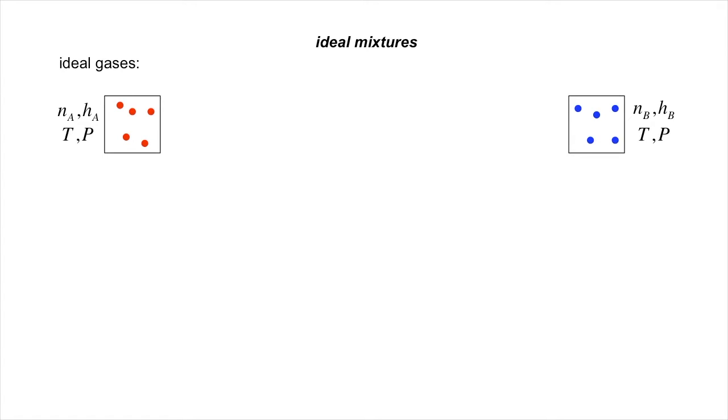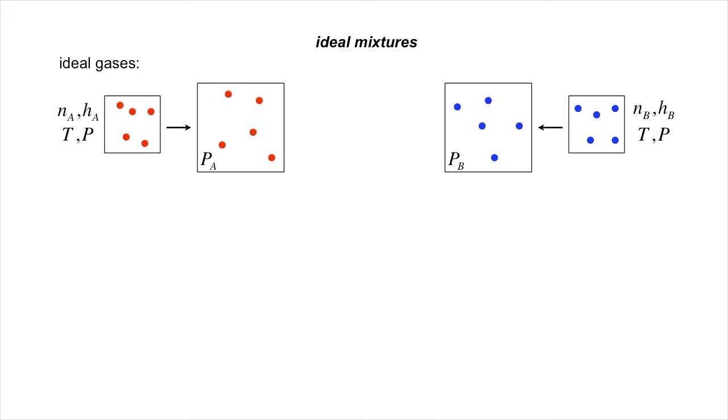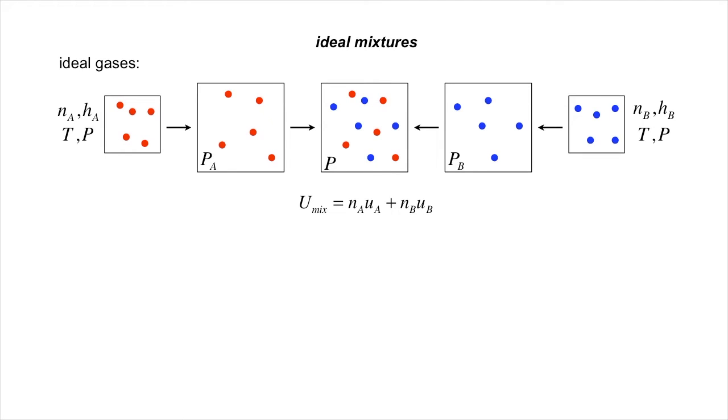Imagine we have two unmixed gases A and B at temperature T and pressure P. To obtain the final mixture, we can take the two gases along a hypothetical path where we first lower their pressures isothermally to the partial pressure they will have in the mixture, and then combine them into the same space, preserving their partial pressures. Since the molecules are non-interacting and the mixing process is isothermal, the total internal energy of the gas mixture will just be the sum of the internal energies of the unmixed gases.